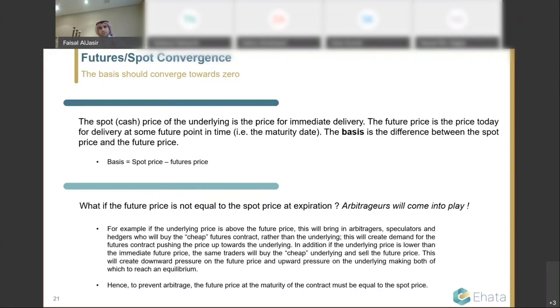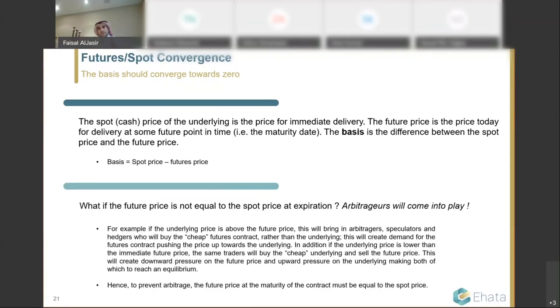So the basis should converge towards zero. When we say the basis, it's important to understand that the spot price of the underlying is the price for immediate delivery, the price for now, for delivery now. The future price is the price that you can get today for delivery at some future point in time.